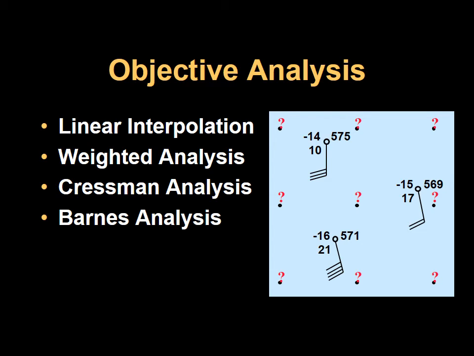And then there are also more developed analysis schemes that are used today in meteorology, such as the Cressman analysis or the Barnes analysis. If you take more advanced meteorology classes, such as Atmospheric Science 405, you'll be working with Cressman and Barnes analyses. But right now, we're just trying to understand the concept of what objective analysis is.